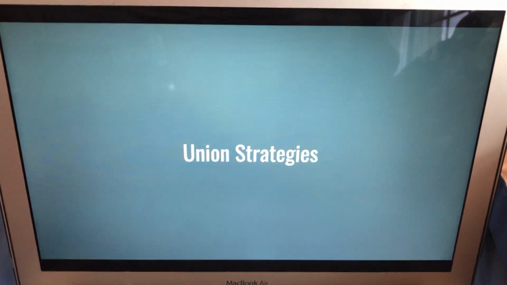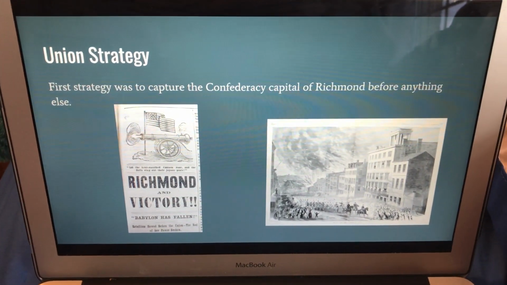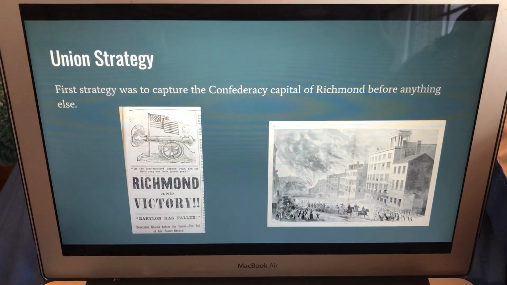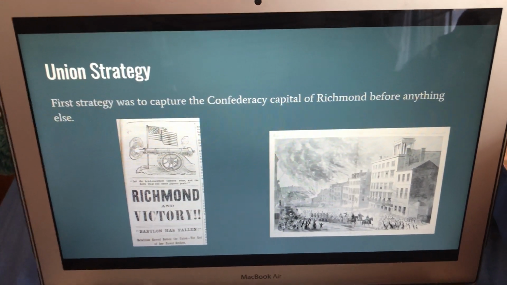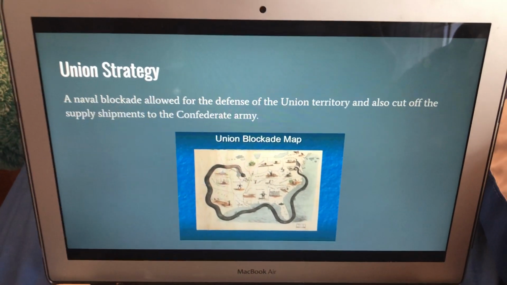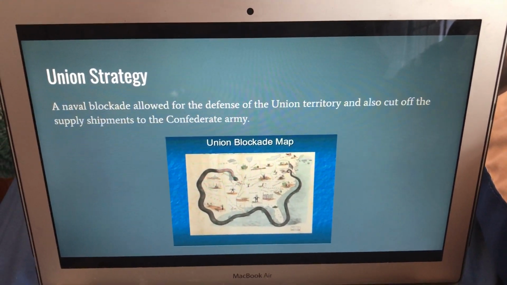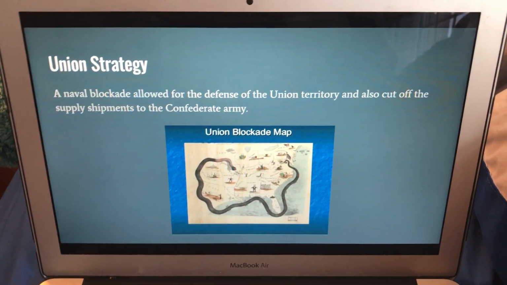So, some Union strategies that they used to win the war. Their first strategy was to just immediately capture the capital of Richmond before doing anything else. So obviously they just went straight for Richmond and tried to conquer that. They set up naval blockades, which allowed for easy defense of the Union territory, and it also cut off a lot of supply shipments to the Confederate Army.